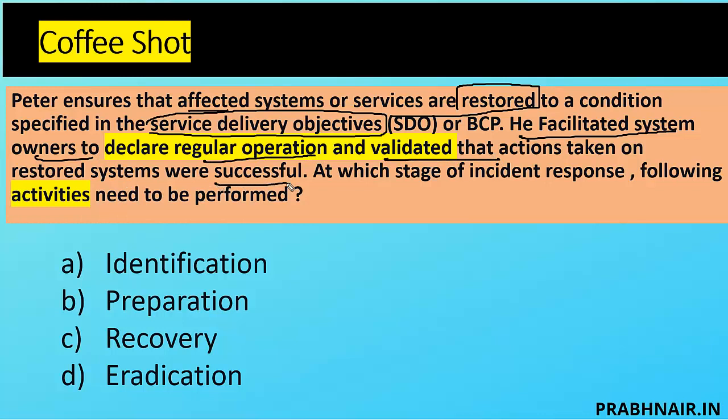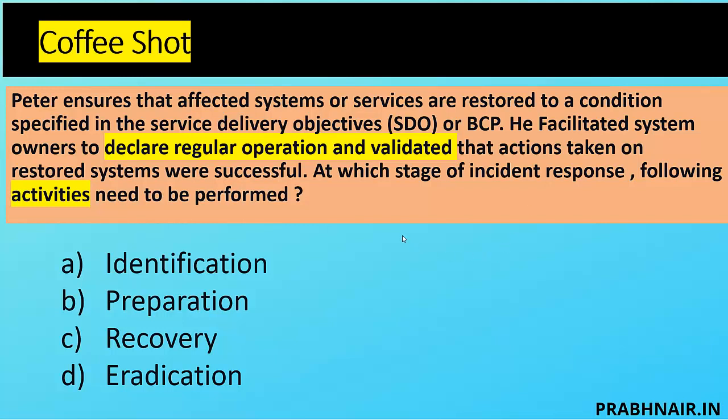Everything is in the past. At which stage of incident response does this activity need to be performed? Identification is where we confirm, preparation is governance, eradication is where we go for the root cause, and only after that do we restore the system back to production. That is what we do in the recovery stage, and you have to make sure we achieve our defined objectives within the defined SLA. That's why the answer is C for Charlie.